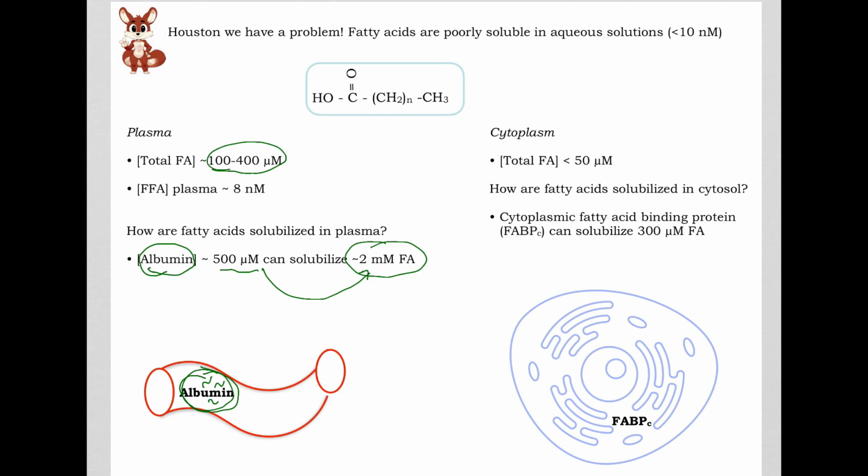When we cannot dissolve a certain chemical in water, we use a protein to bind that chemical so that the chemical stays dissolved in water. It's solubilized in water. So this example of albumin solubilizing fatty acid is used very, very often, even for drugs that are hydrophobic.